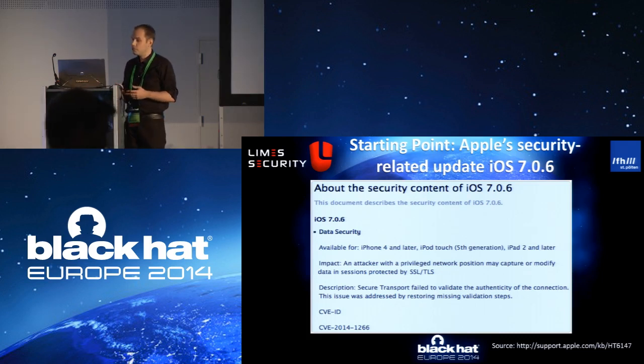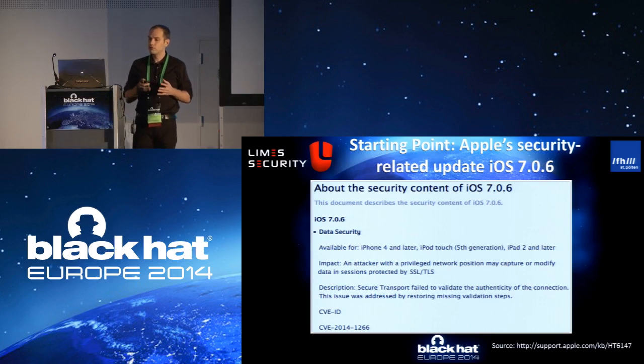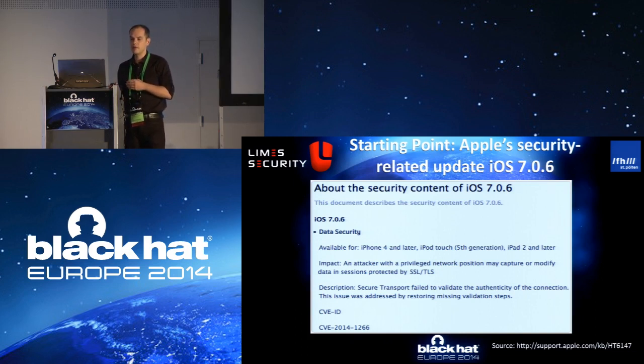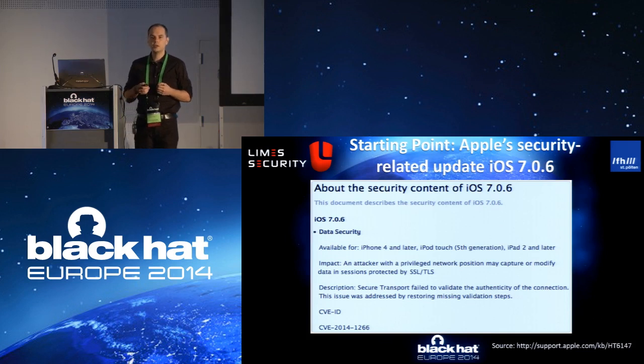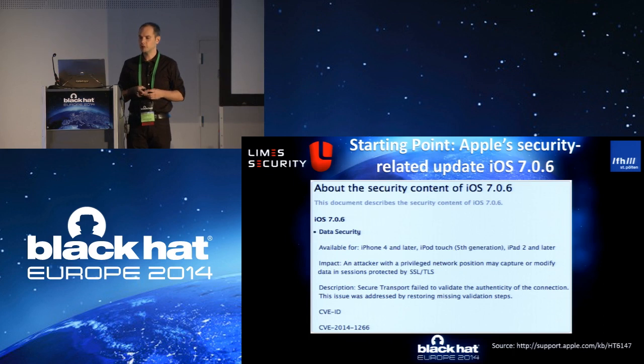And then it got even better: Secure Transport failed to validate the authenticity of the connection. What did this mean? If you're the end device, you would not be able to tell if the validation of the SSL/TLS connection had really happened properly. In my opinion, this was really the worst case of the worst case.